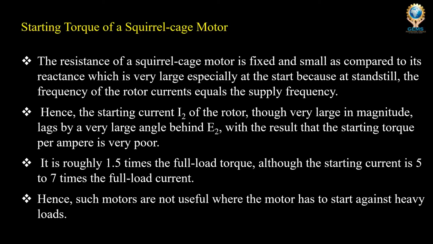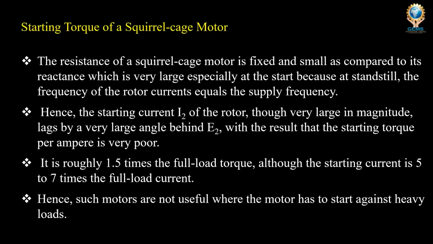In squirrel cage motor, the reactance is high, the resistance is less. Okay. The resistance of the squirrel cage motor is fixed and small. So the difference is big.